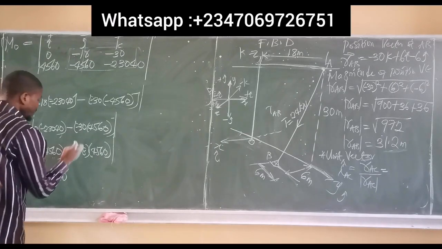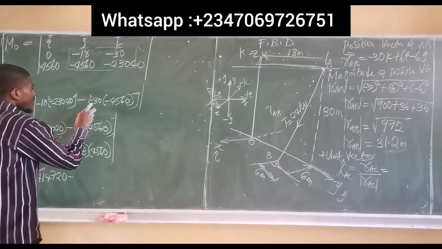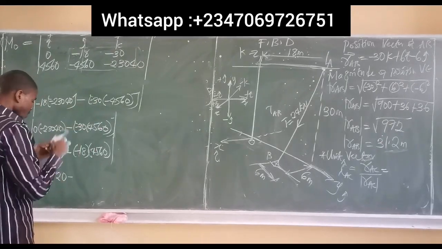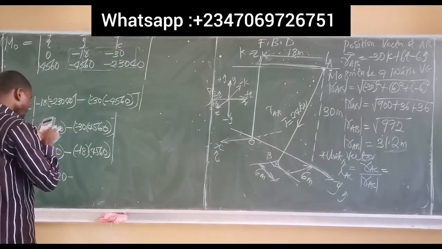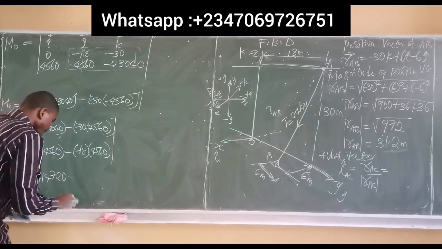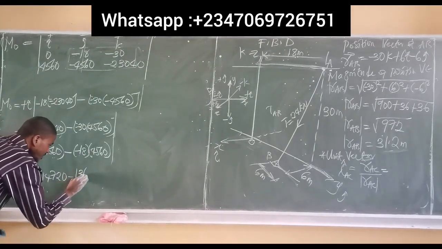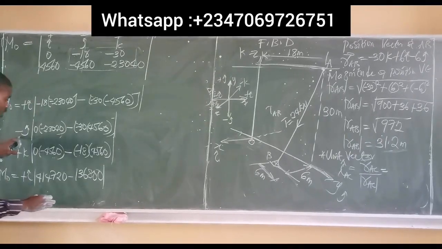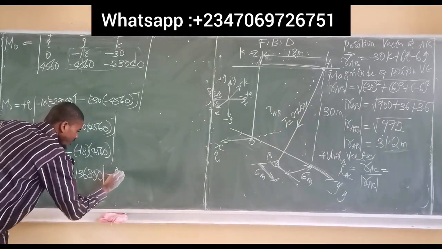Same thing here. Minus, now minus 30 times minus 4560, minus minus becomes plus. So I have 30 times 4560. That gives me 136,800. Next is for J, so minus J.